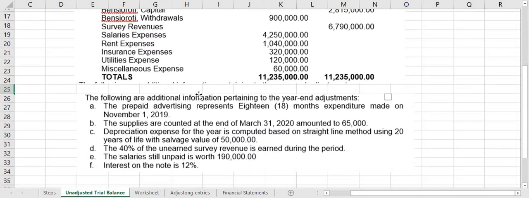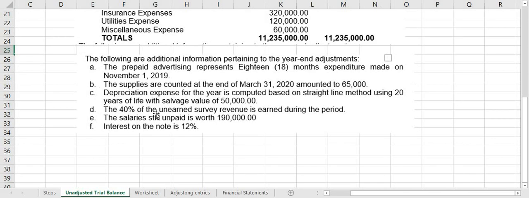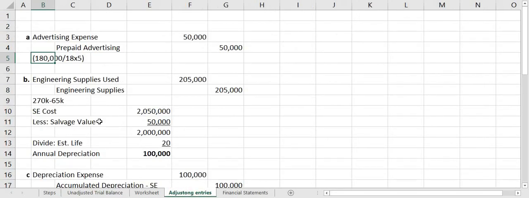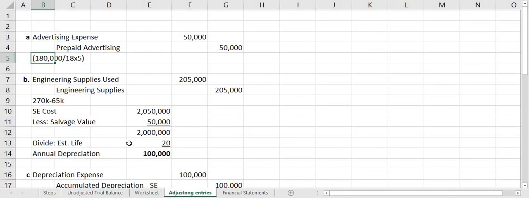And these are the information for adjustments. So again, for this discussion, we already have here the adjusting entries based on the information given for adjustments. Again, these are the adjusting entries.